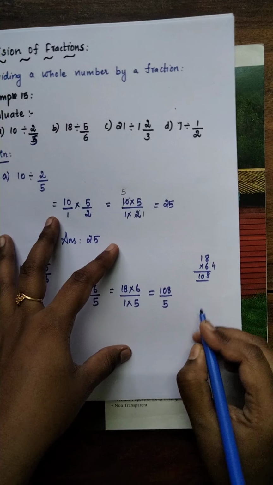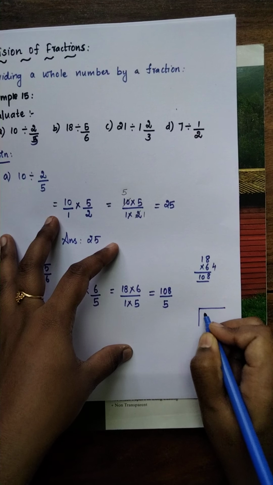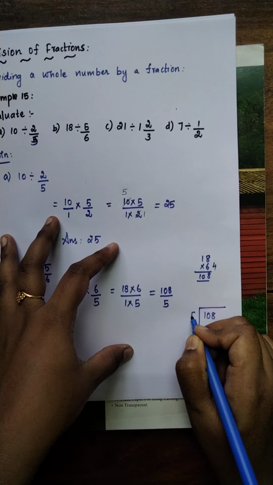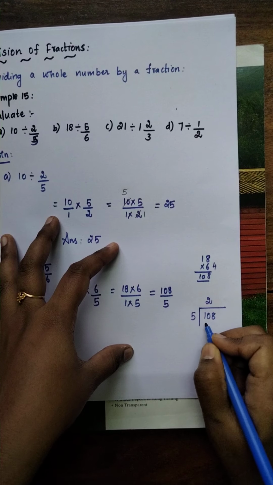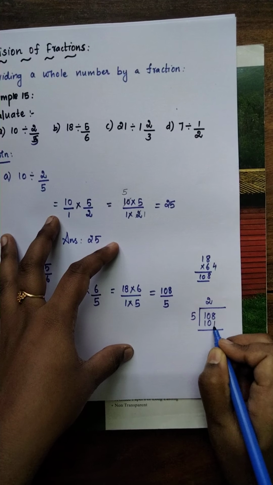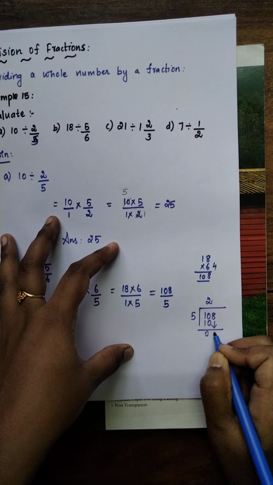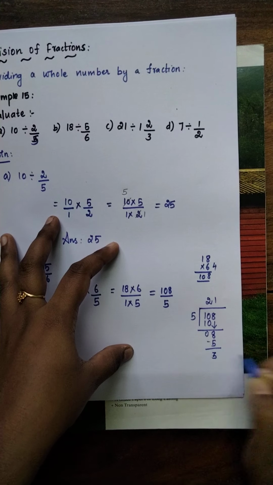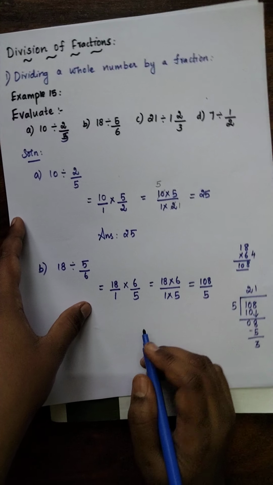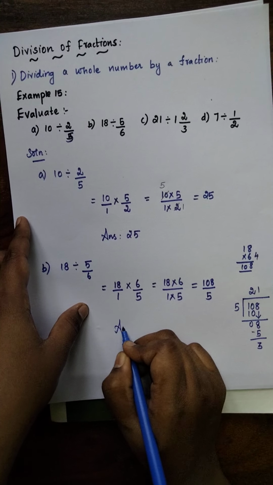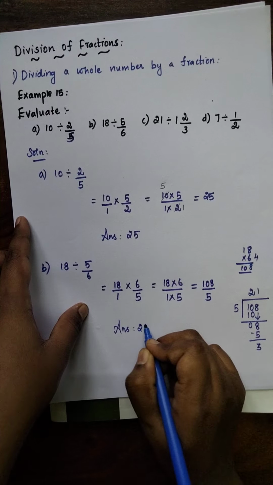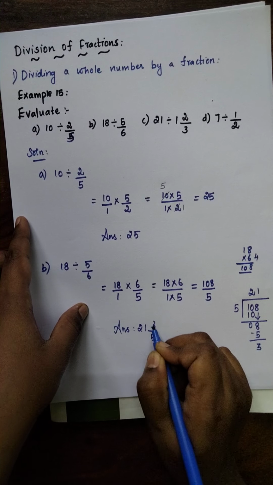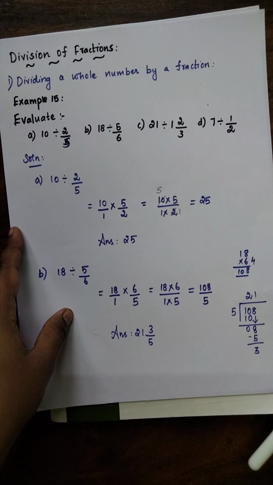For that we divide using the 5 table. 2 5s are 10, 108 divided by 5. 1 5 is 5, 8 minus 5 is 3. So your answer is 21 3 by 5.